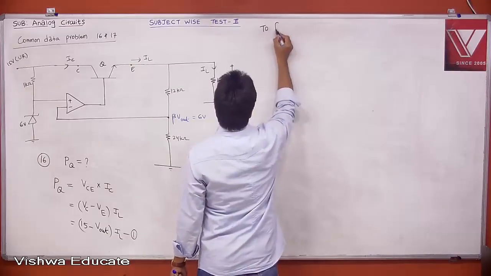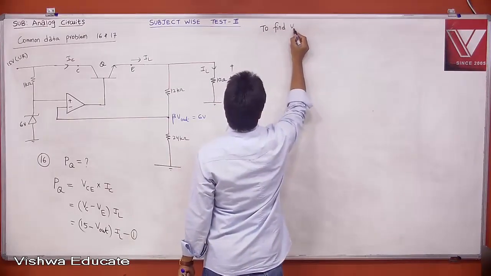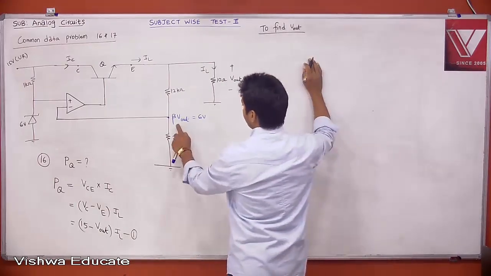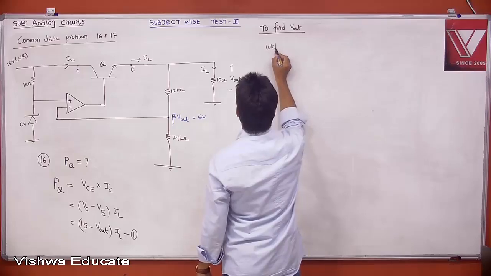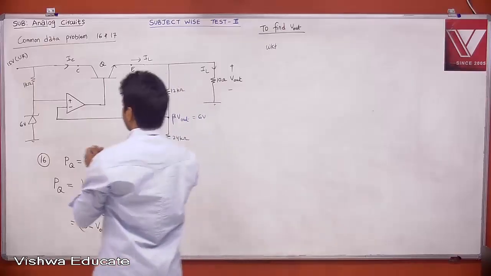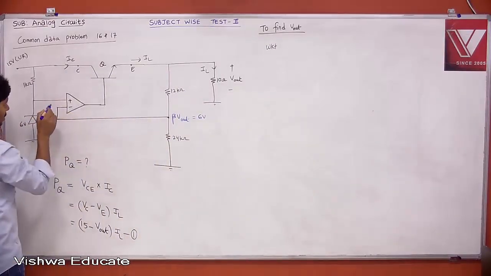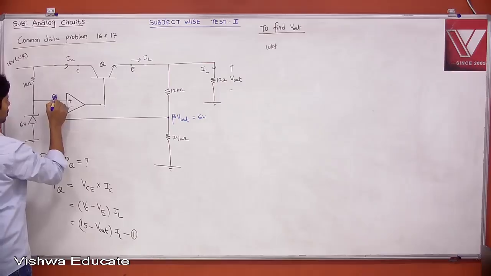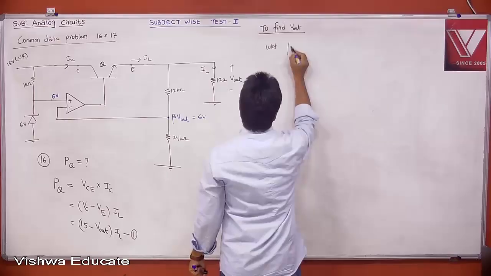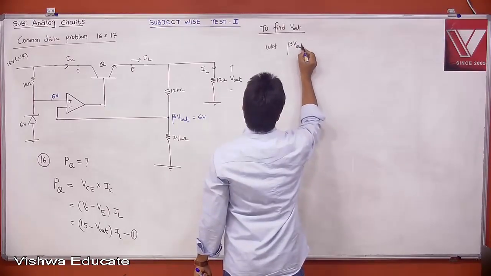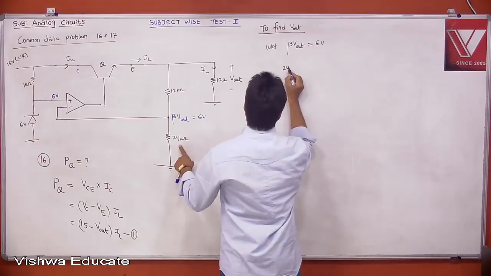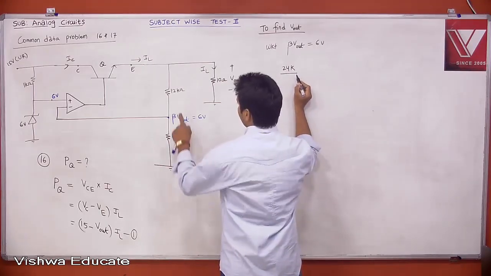To find Vout: how will you find Vout? We already know, because of the virtual short concept, this is having 6 volt. Surely your op amp is trying to track to get 6 volt here. Therefore, when this is 6 volt, this is also 6 volt. Therefore, beta into Vout is equal to 6 volt. What is beta? 24k divided by 24k plus 12k.